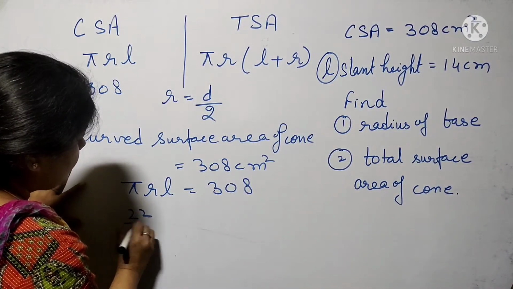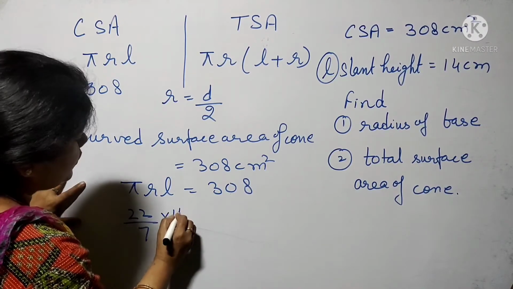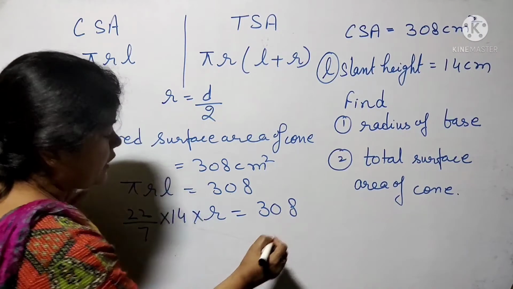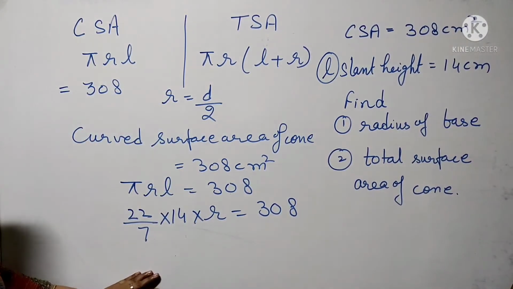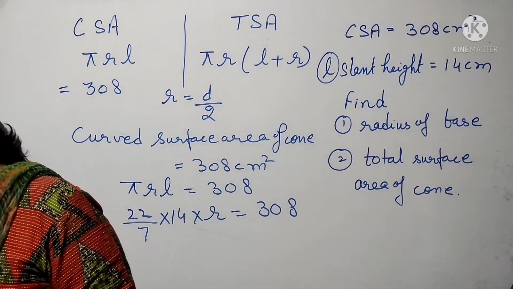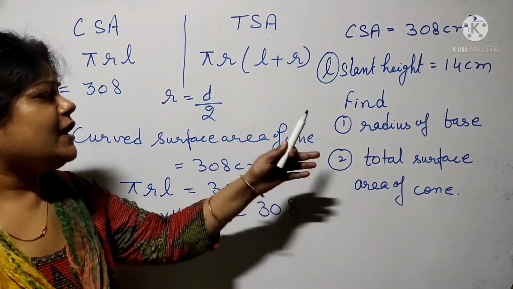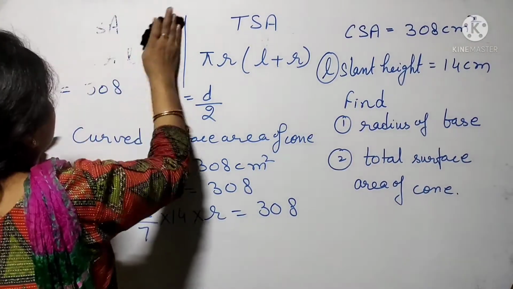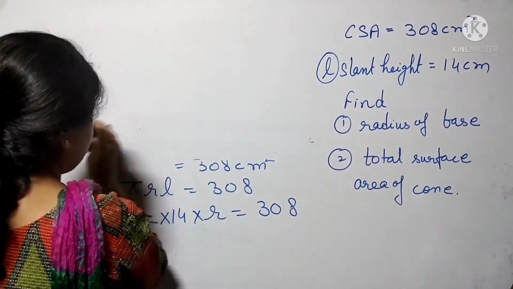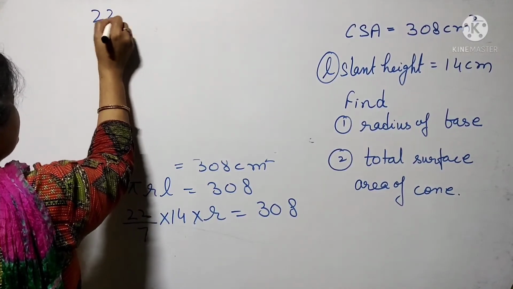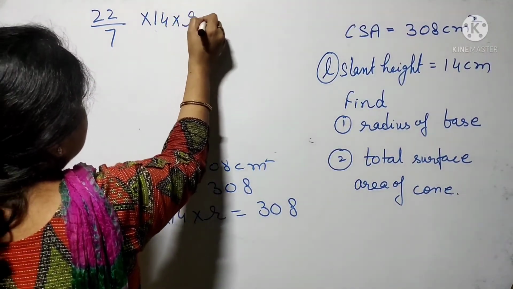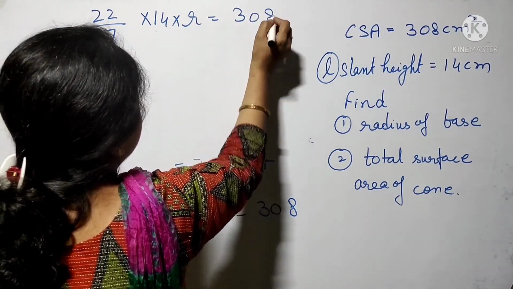Pi means 22 upon 7, slant height means 14, and the radius we don't know, is equal to 308. So we got this type of equation and from here we can easily find the radius of the cone, which we have to evaluate in the first part of our question. So we get 22 upon 7 into 14 into r is equal to 308.